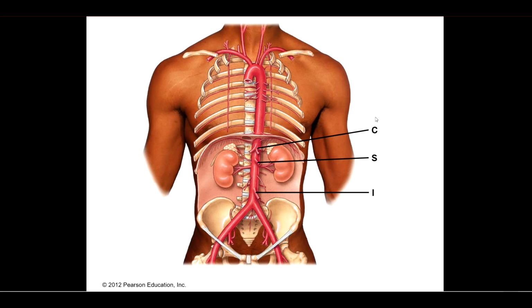You're going to remember these three blood vessels as C, S, I. Celiac trunk is this network of blood vessels here. The second one down, superior mesenteric artery. And then the third one down, inferior mesenteric. Notice these three blood vessels don't come off the sides of the aorta, they come off the front. They're anterior blood vessels. So on a model, they're pretty easy to find.